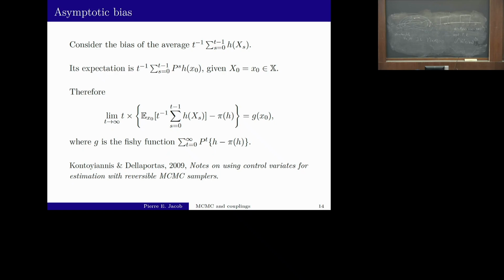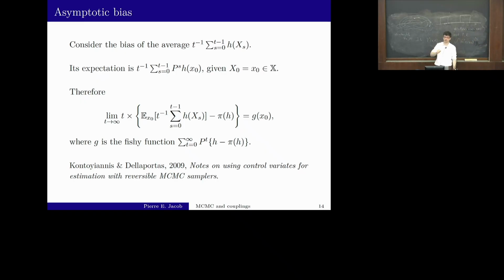And so if you do the bias, which is this, but remultiplied by t, and you realize that the conditional expectation here is exactly this P to the s, you find in fact that this G function is exactly the bias. So this G function that was useful for proving the CLT, if you evaluate it at any little x, tells you the asymptotic bias of the ergodic average.